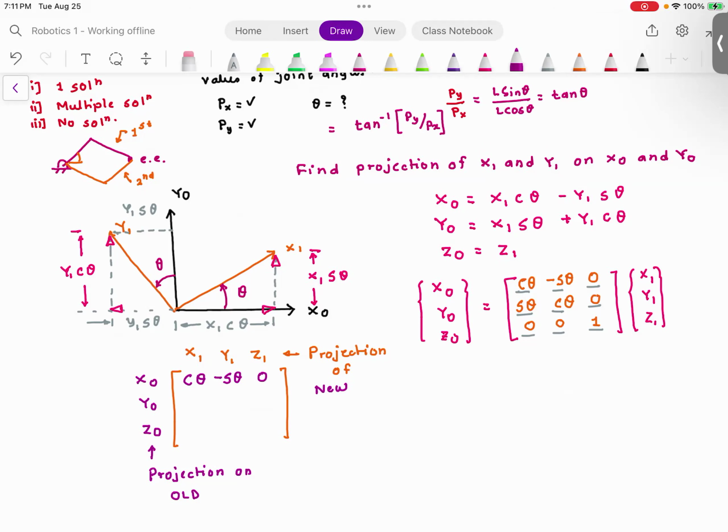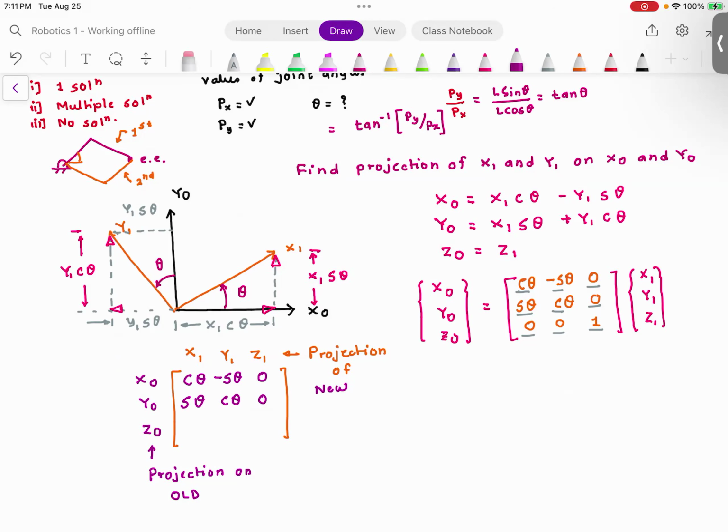Now projection of x1 onto y0 is sine theta. Projection of y1 onto y0 is cosine theta. Projection of z1 onto y0 is 0.